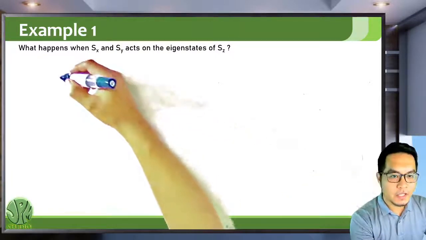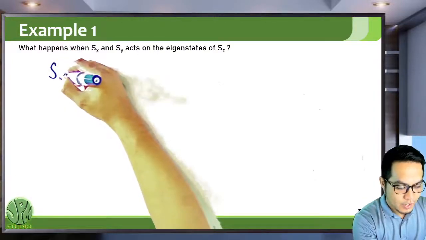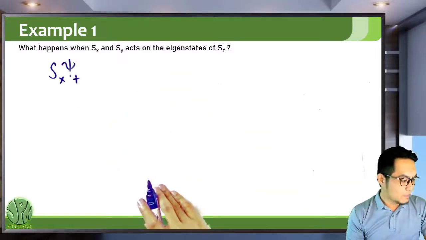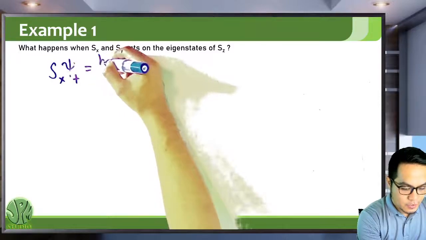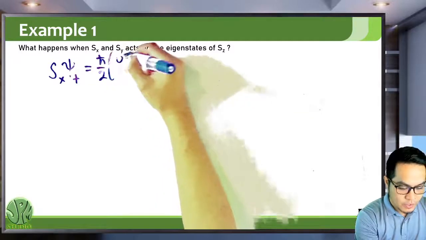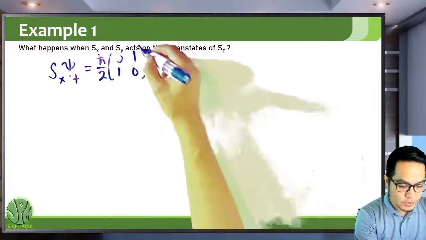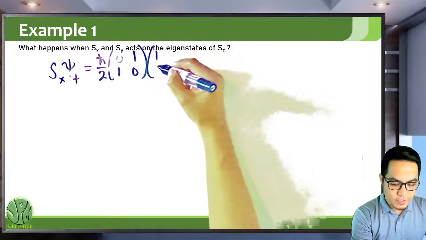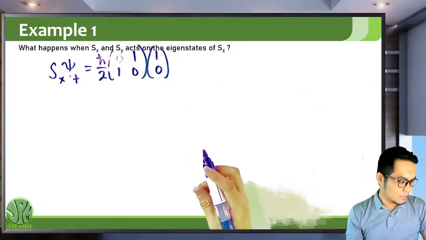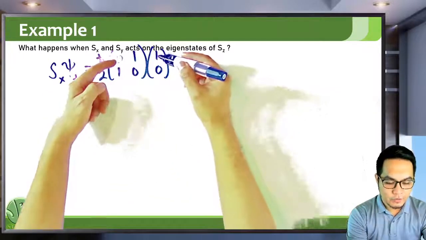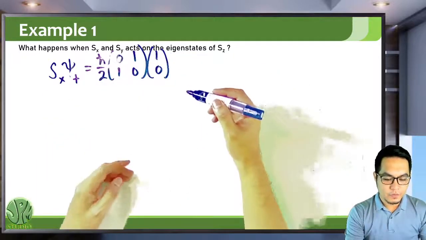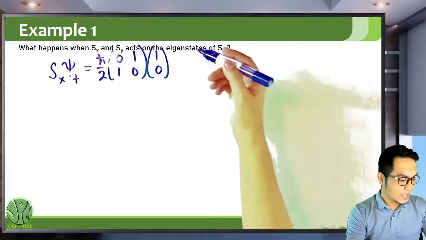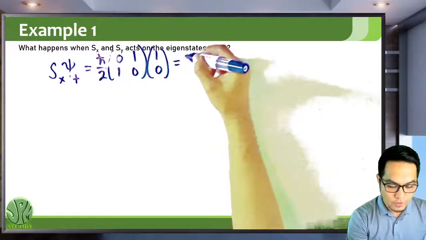So let's first let Sx act on psi plus, the spin up state. Sx is h bar over 2 times the matrix 0 1 1 0. This is the matrix form of Sx. For psi plus, the spin up, the matrix form is a column matrix, 1 0. So the first element is 0 times 1 plus 1 times 0, and the answer is the matrix 0 1.